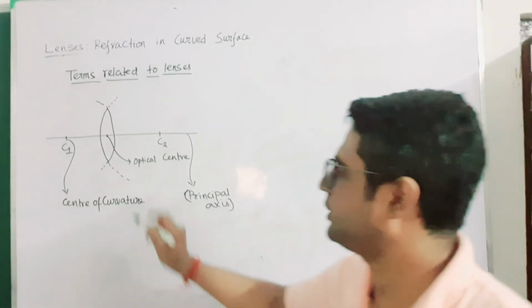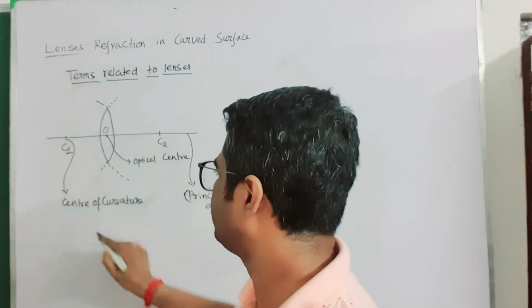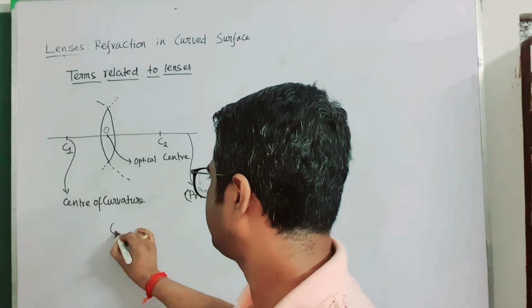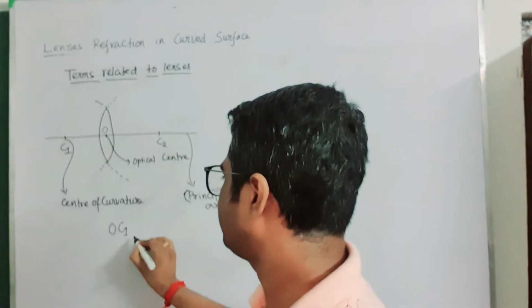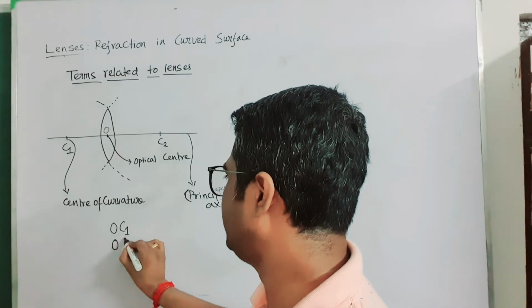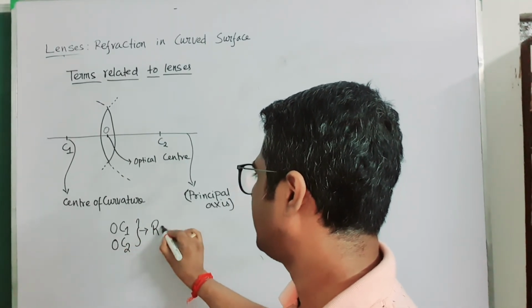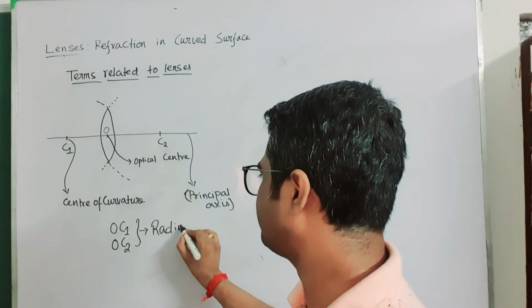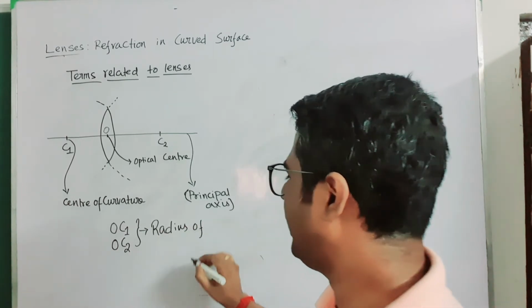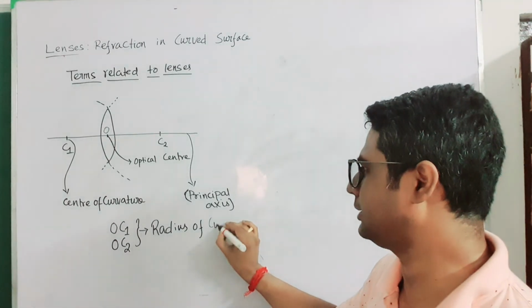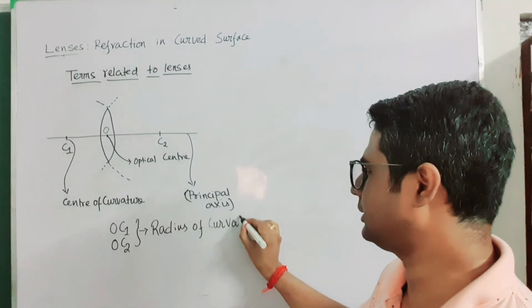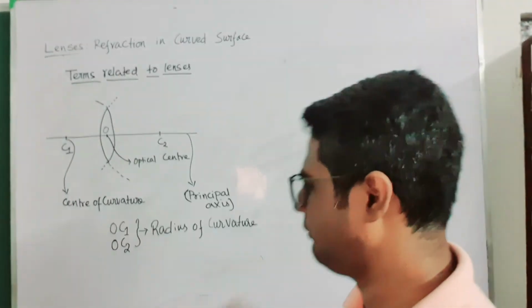Okay, so if I take this as O, then OC1 and OC2 both will be called the radius of curvature.